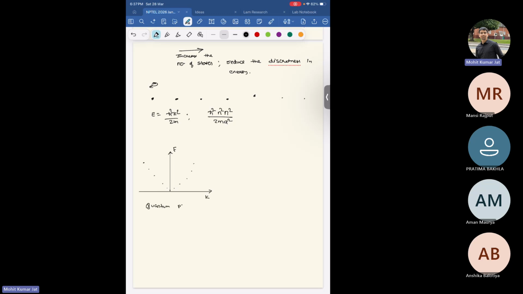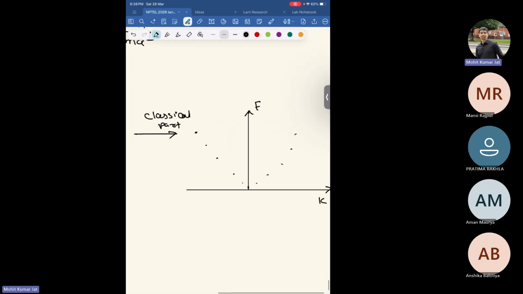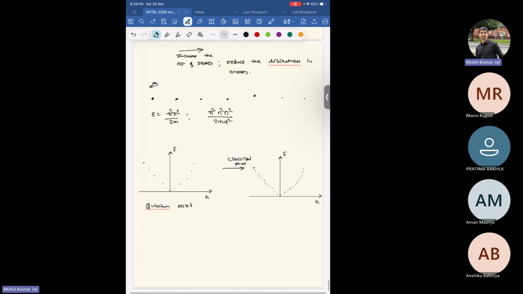If you have to go into the classical part, you just increase the density of states. Whatever you have here, keep it and add more states so that the spacing between the energies reduces. Because of this, the dispersion is now continuous. This is the classical part.